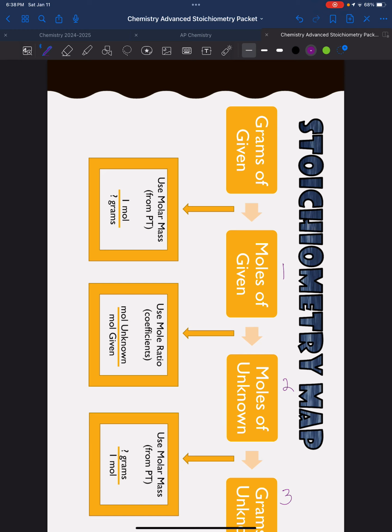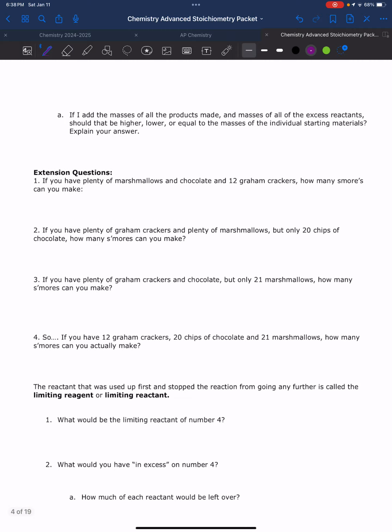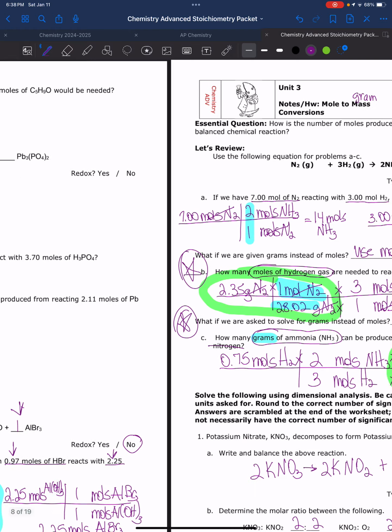So you can use your Stoich map to tell you how many boxes you need in your problem. And if you're starting with moles and going to moles, 1, 2. And in fact, these things down here even tell you what form you need your molar mass in. Moles in the numerator and grams in the denominator. Okay, so don't forget to use that Stoich map. It's really helpful.